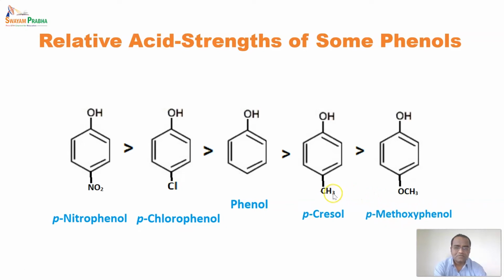This can also be distinguished between this CH3 alkyl group and the methoxy group. The methyl group has a little bit more acidic power compared to paramethoxyphenol. Both of these groups are electron donating groups, and they are less acidic compared to phenol. So these are some representative structures with their relative acid strengths.